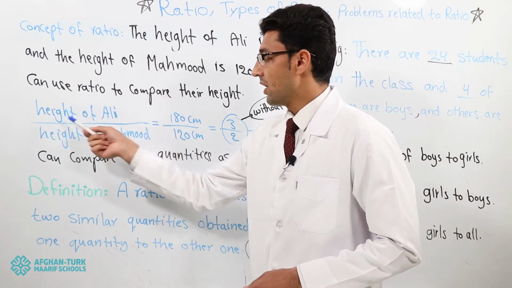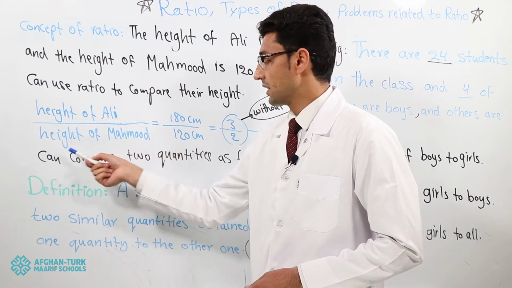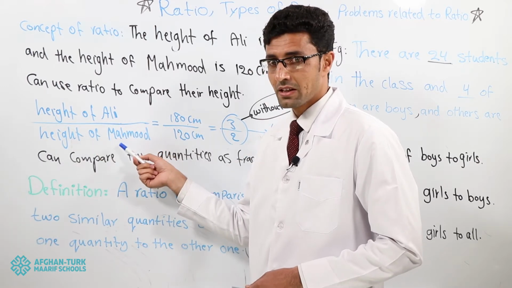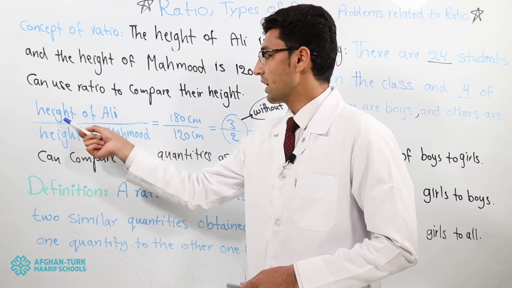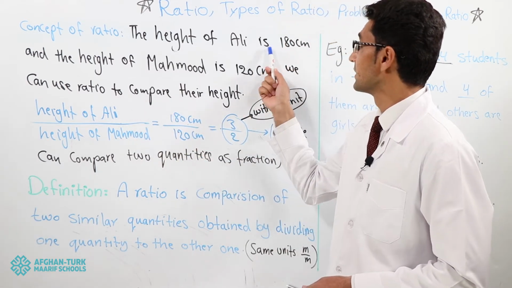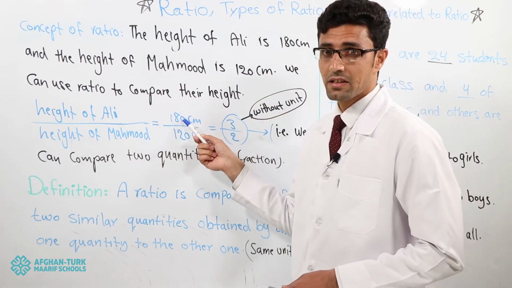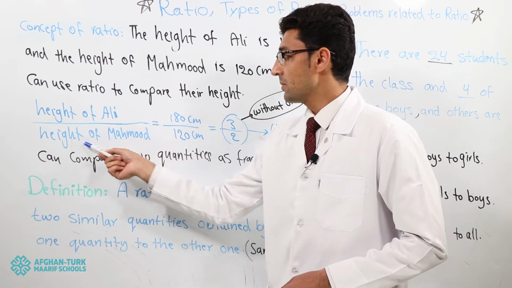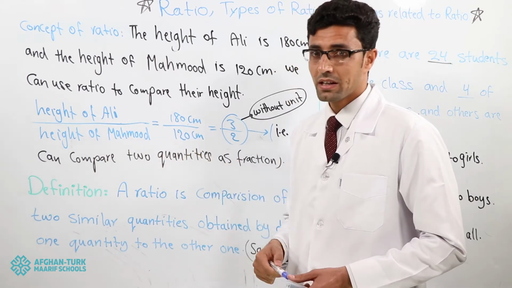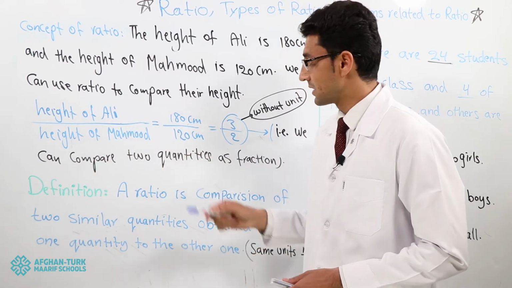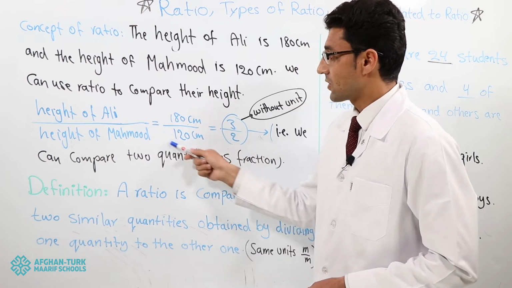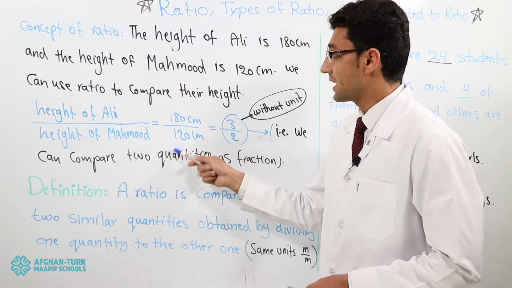Here you see that the height of Ali is written in the numerator, and the height of Mahmoud is written in the denominator. How much is the height of Ali? 180 centimeters. And how much is the height of Mahmoud? 120 centimeters. This is called a ratio, but we can simplify.